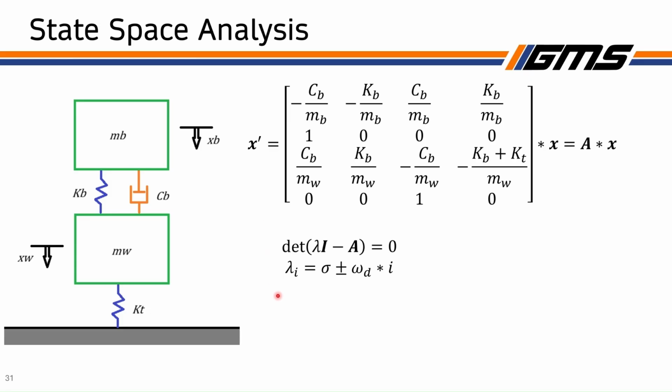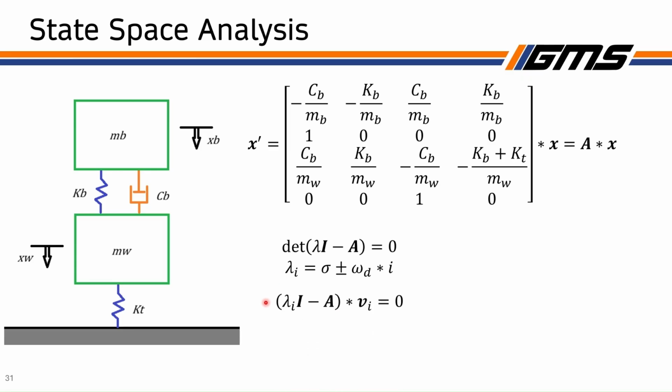Eigenvalues will have the form of a real component plus or minus an imaginary component, where this i here is the imaginary number, the square root of -1. This plus or minus denotes that you're going to have multiple eigenvalues. This is a 4x4 matrix, so you're going to have 4 different eigenvalues. The process of calculating the eigenvalues isn't as important here, we are really just worried about the fact that you can do this.